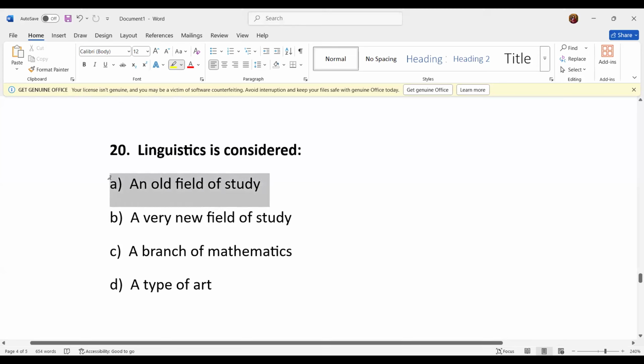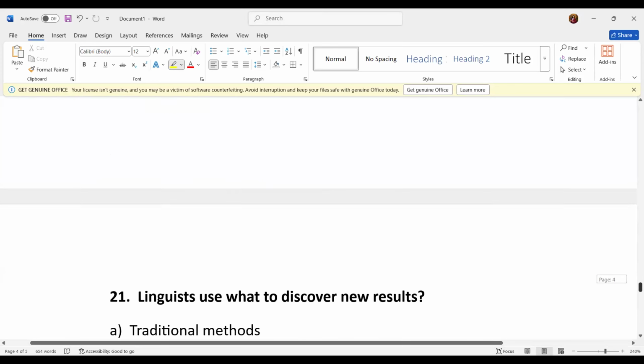An old field of study. So linguistics is not something which came very recently. It has a long history.